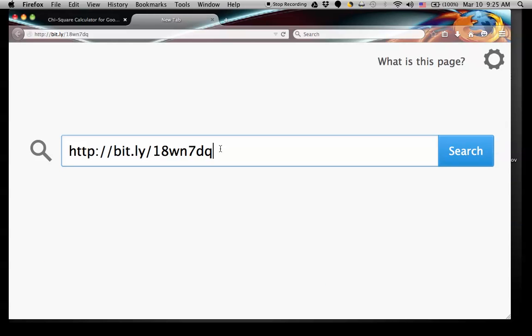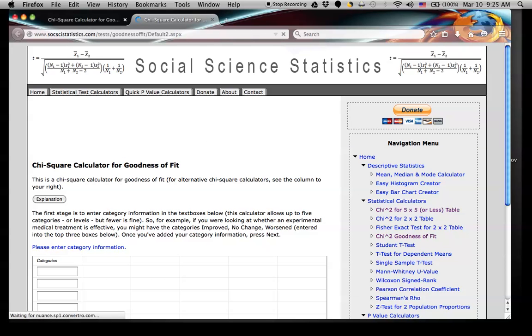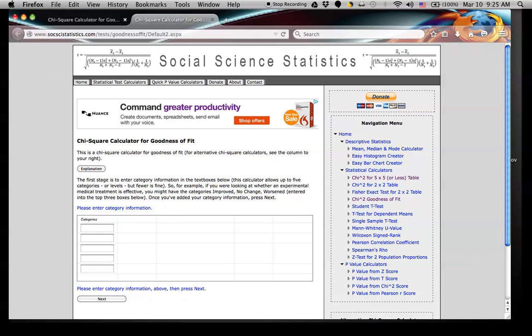So you can type in this shortened URL. It's http://bit.ly/18WN7DQ. And if you type that into your browser, it will take you to the same website here for this chi-square calculator of goodness of fit.